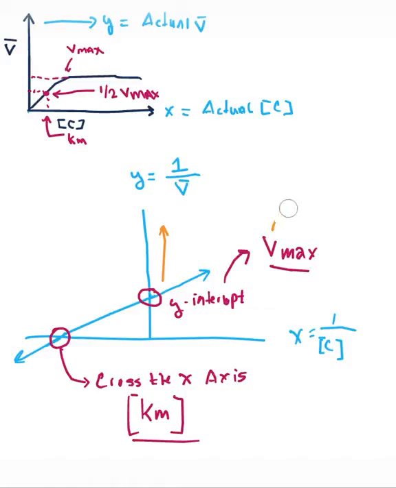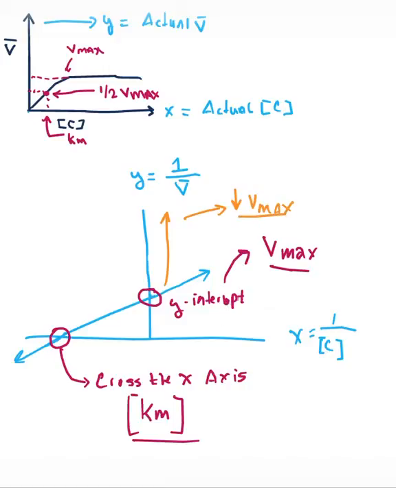I'm confusing myself. That's why we have to be careful about this reciprocal stuff. Okay, let's say that again. As I go up on the y-axis, because this is all reciprocal now, it's 1 over, as this point goes up on the axis, that is going to indicate a decrease in the Vmax.